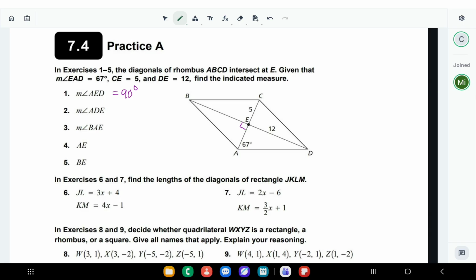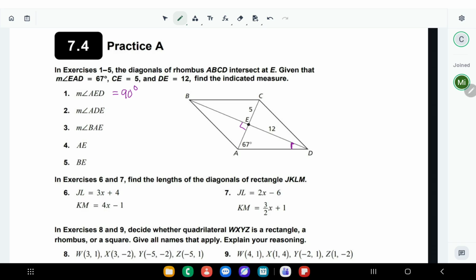Next is the measure of angle ADE. Where is ADE? This one. What do you think is the measure of angle ADE?